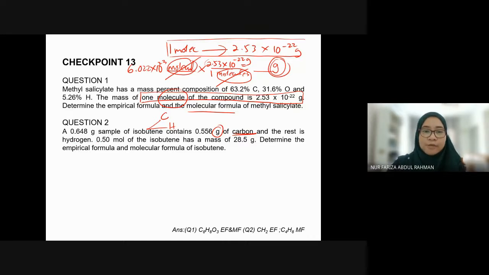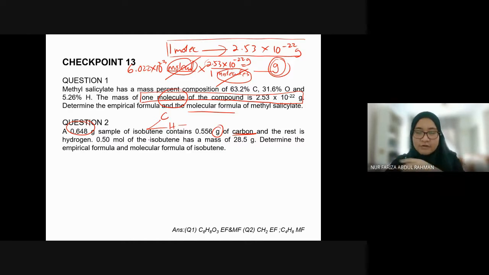It's not a problem because the total mass of the sample is given. So we can simply subtract the mass of carbon from the total, and we will have the mass of hydrogen. Then proceed the same way as we did earlier for the empirical formula.